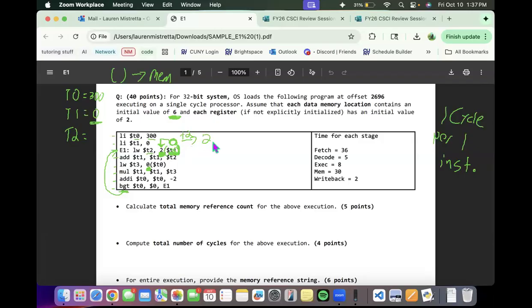So exactly, we're just going to add this together, and this is going to just become mem address 2. Okay, gotcha. Thank you. So I'm just going to write that as M2, right? That way we know it's mem address, not a register. And it just says, assume that each data memory location contains an initial value of 6. So nothing was changed here. I'm just using 6. Totally fine.